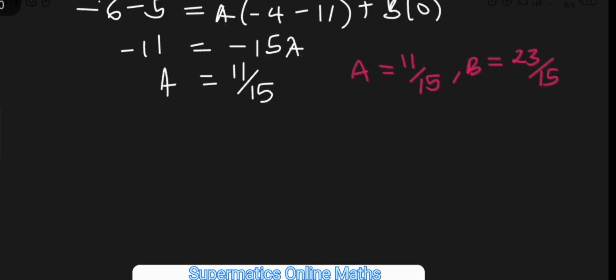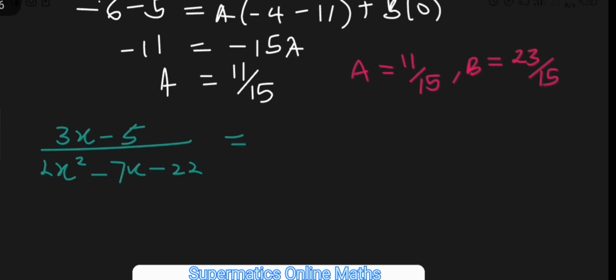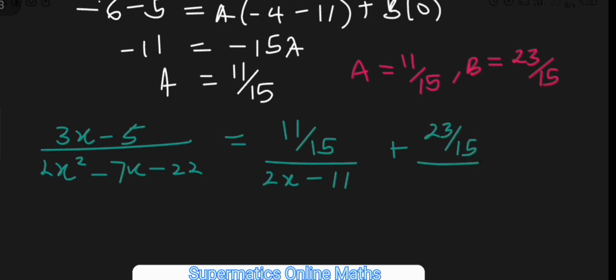That simply means that our original equation, (3x - 5)/(2x² - 7x - 22), will be equal to A as 11/15 over (2x - 11), plus B, which is 23/15, over (x + 2).